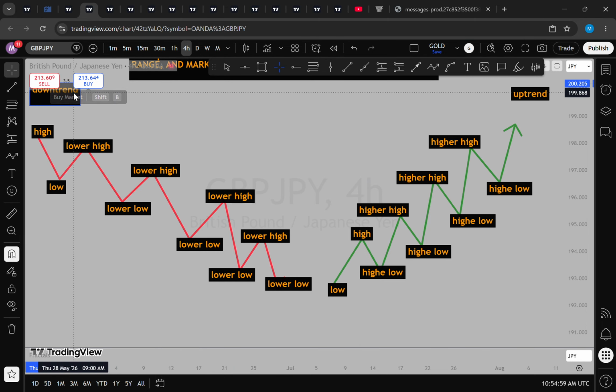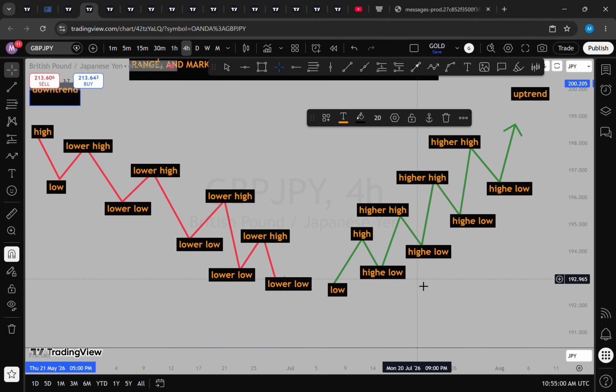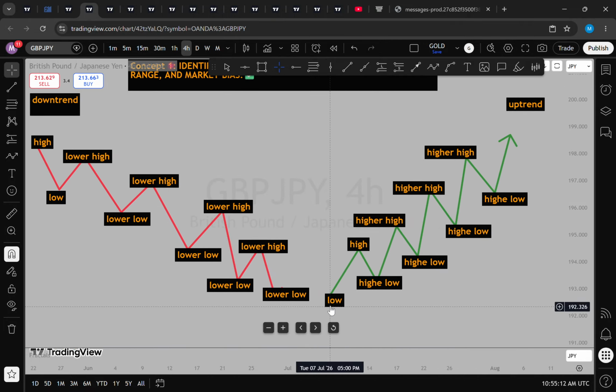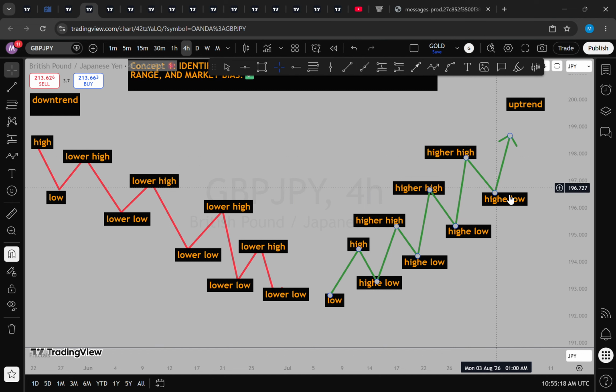So why do you say this is a higher low? In forex trading, when the market is bullish, you get high, higher low, higher high, higher low, higher high, higher low, higher high. Why is this one a higher high? It is a higher high because this high here is higher than the previous high.